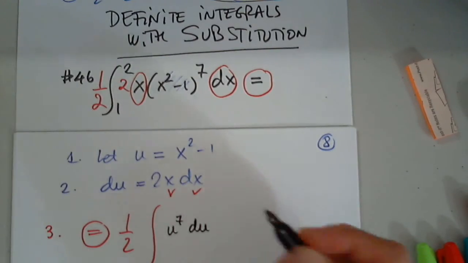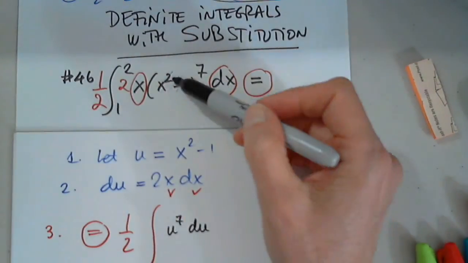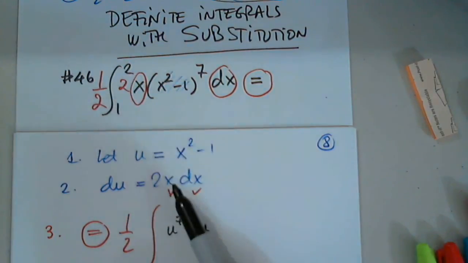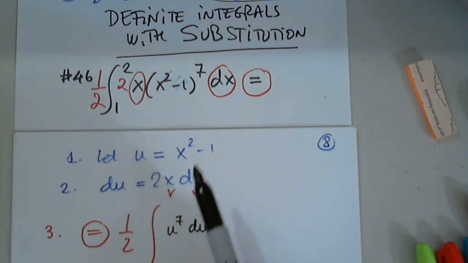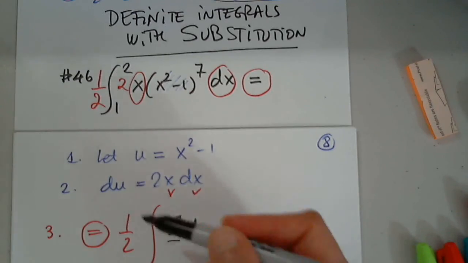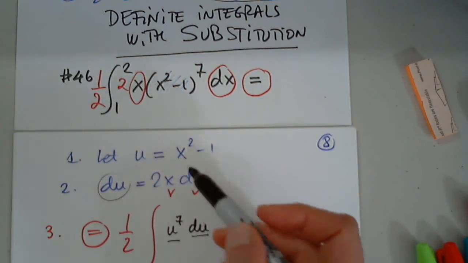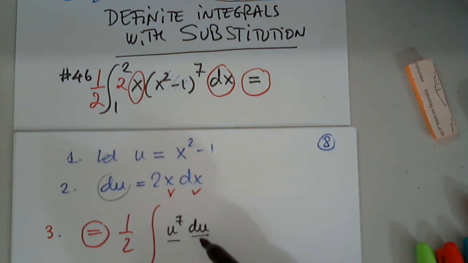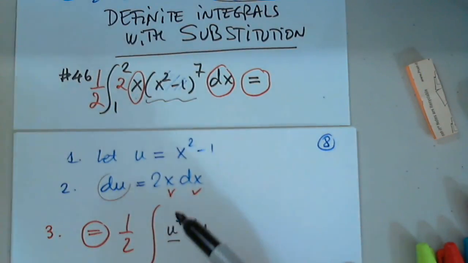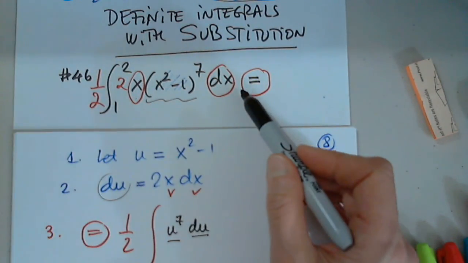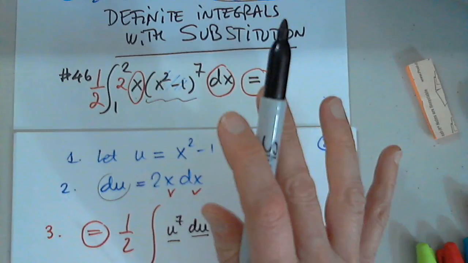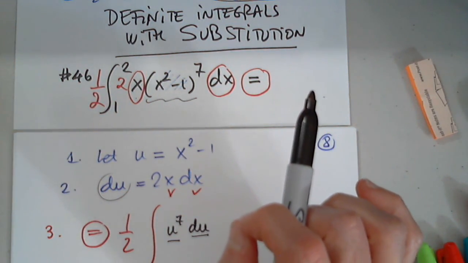Because this is u to the 7 and 2x dx, 2x dx is du. All accounted for. And this is the u to the 7.